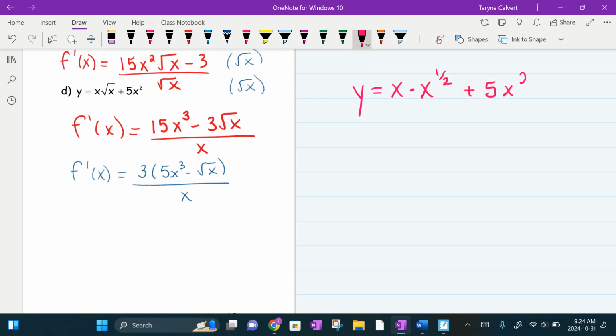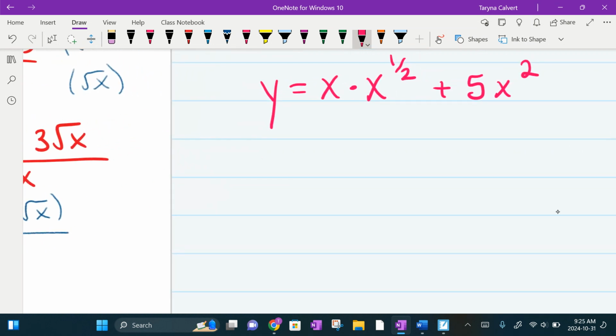So no derivative yet, because right now we have product rule in the front, and we don't have a product rule that we know yet. So we do have to break that down, just like we did last lesson. So this is going to be x to the power of 3 over 2 plus 5x squared.